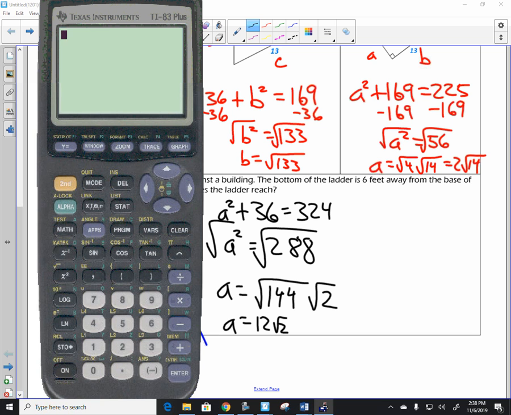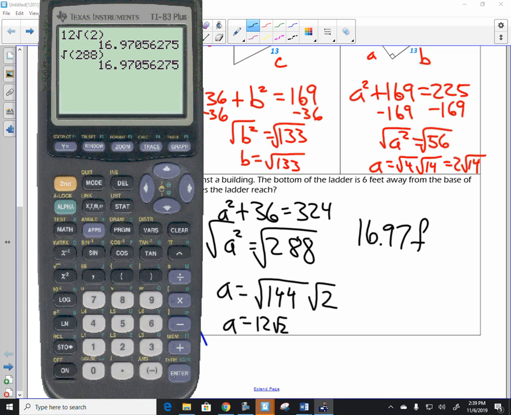So just realize that 12 roots of 2, you can express that, or just take the square root of 288, and you get 16.97. So I can tell them it's just short of 17 feet, 16.97. Being able to convert that into inches, that's a little bit different story. We can talk about that, but that's the idea that we can come up with that measurement, okay?